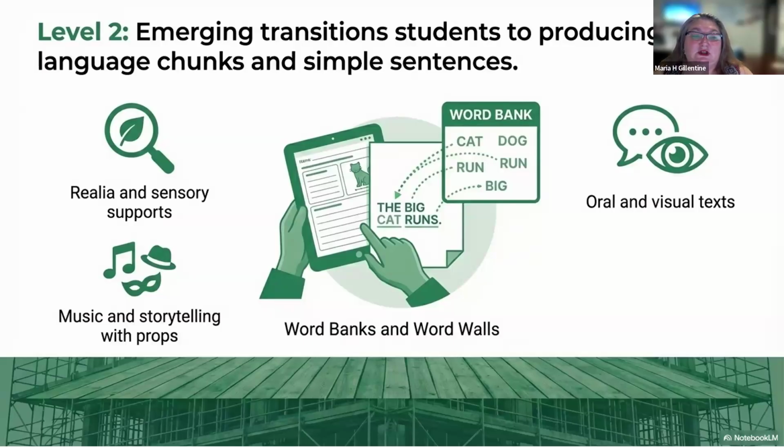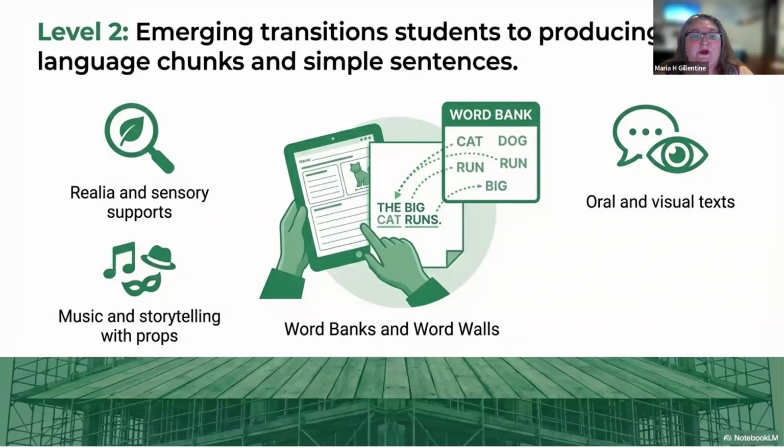These supports encourage language production while providing the framework students need to communicate successfully. As students become more willing and able to produce language, they continue to benefit from structured supports that reduce the frustration and encourage participation. So we're lowering that affective filter, right? We're helping them to be successful.